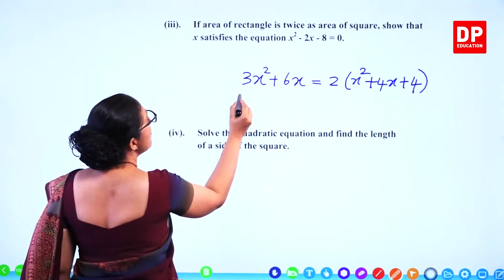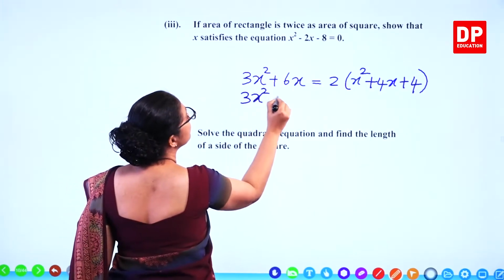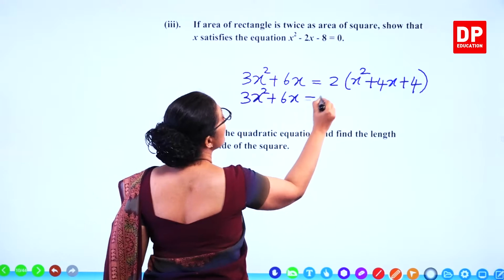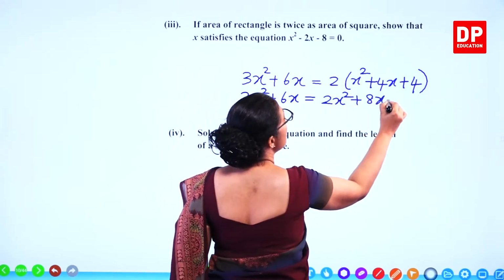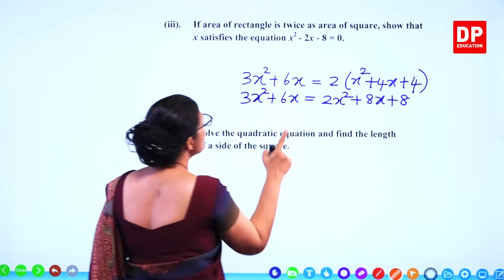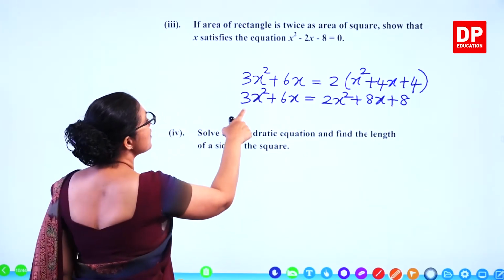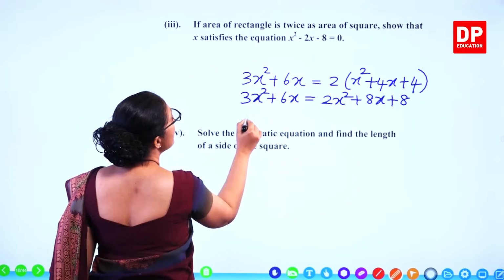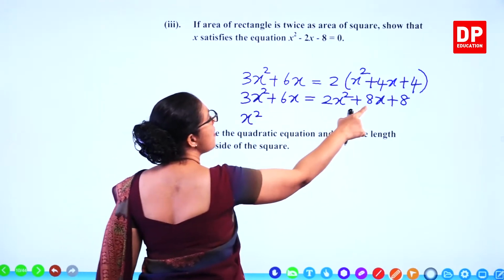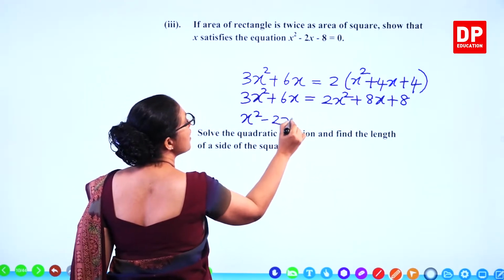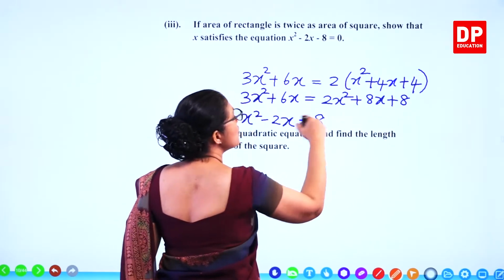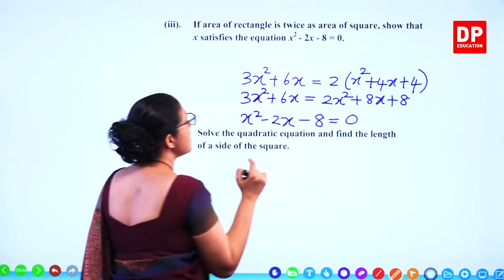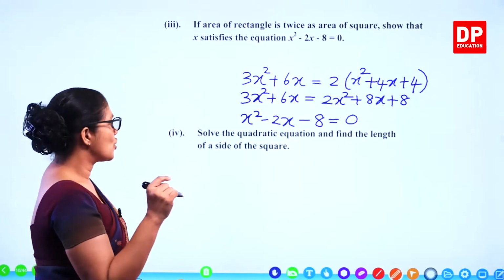Now we'll multiply first: 2x squared, 8x and 8. Now take all terms to one side. 3x squared minus 2x squared, you get x squared. 6x minus 8x, minus 2x. And when you take plus 8 to this side, that becomes minus 8. So you get the equation.